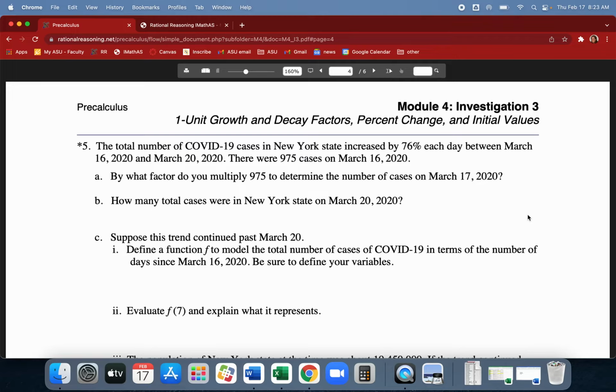And so this is kind of a step-by-step. And I'll let you take a couple minutes here, but by what factor do you multiply 975 to find the number of cases after 1 day? Or then by the 20th, which would be after 4 days. And then suppose it continues, how would I write the number of cases in general for a while in terms of the number of days past the 16th?